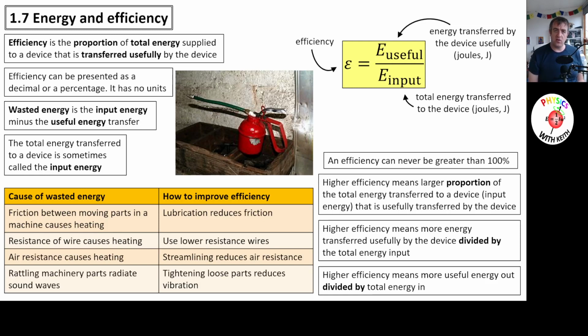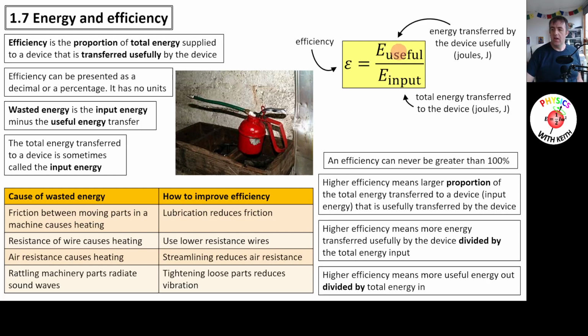So for a toaster, for example, we want to increase the energy in the thermal energy store of the bread. For a kettle, we want to increase the energy in the thermal energy store of the water. For an electric car, we want to increase the energy in the kinetic energy store of the car.